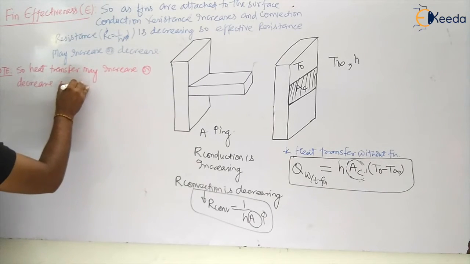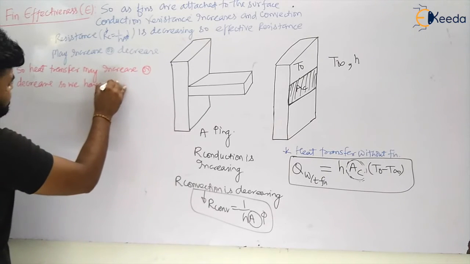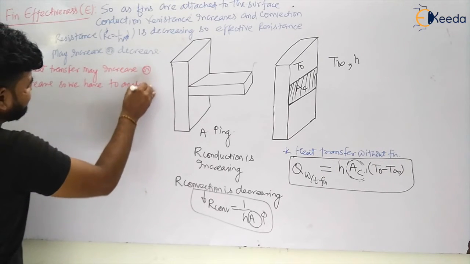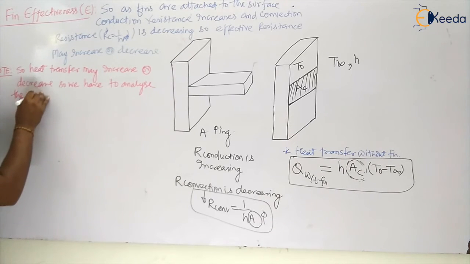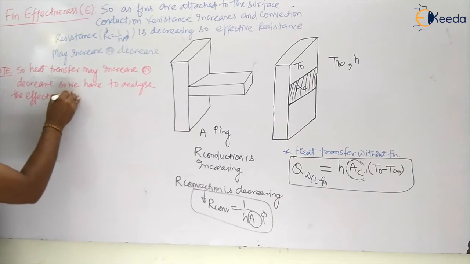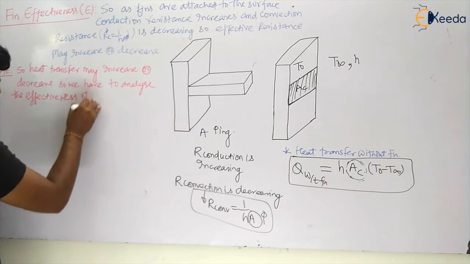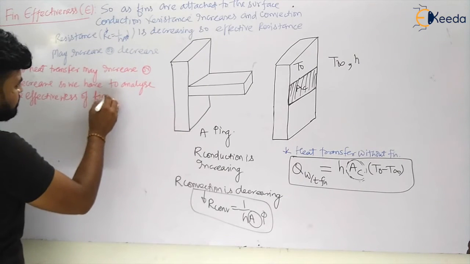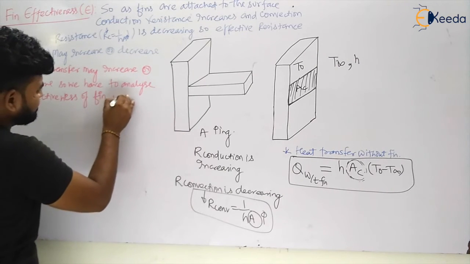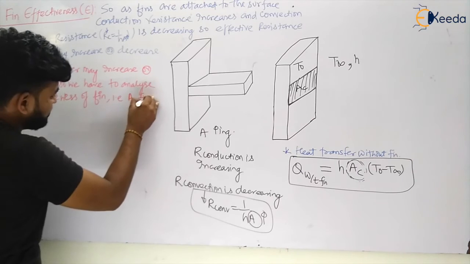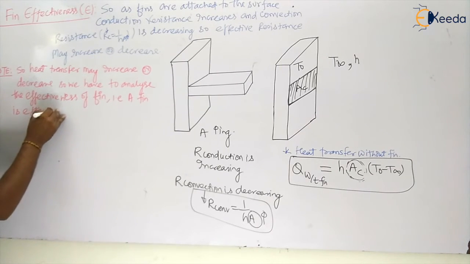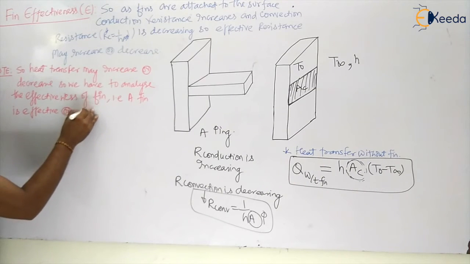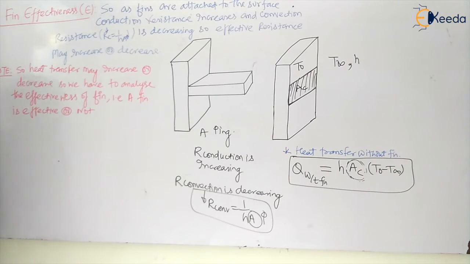So we have to analyze the effectiveness of the fin, that is, whether the fin is effective or not. So how can we calculate the effectiveness?